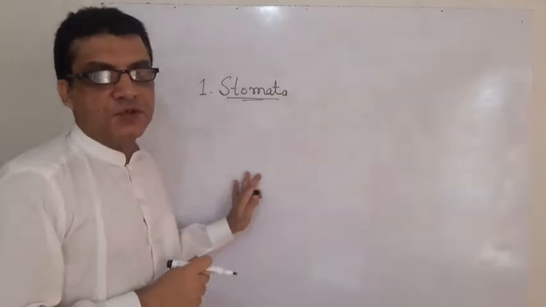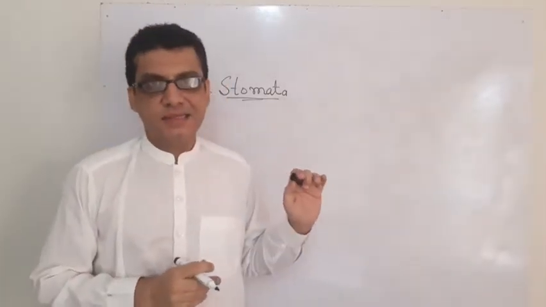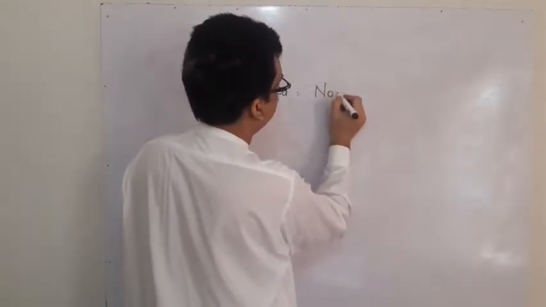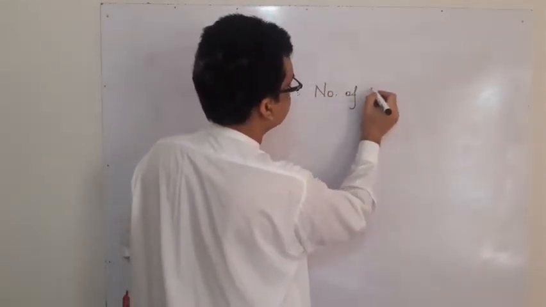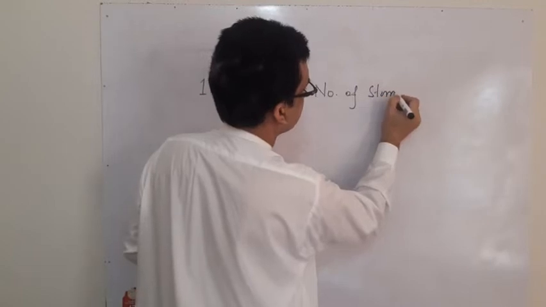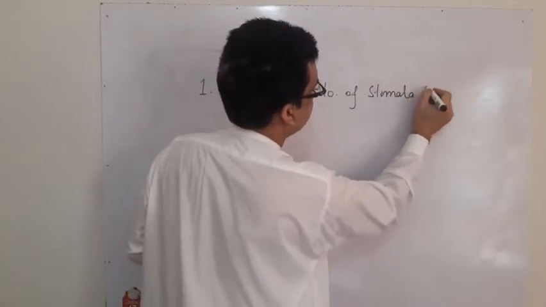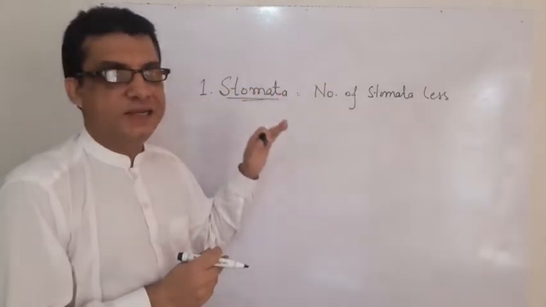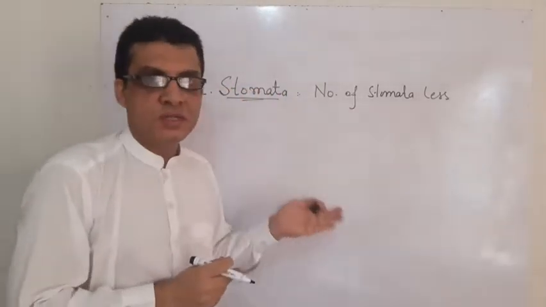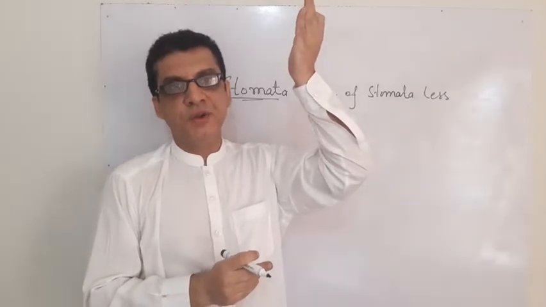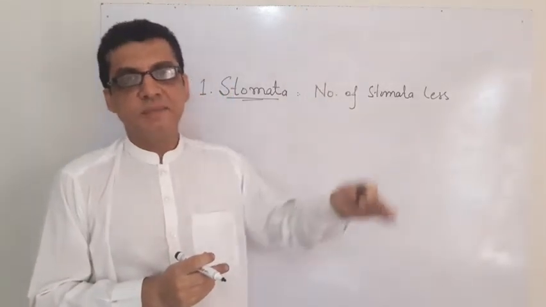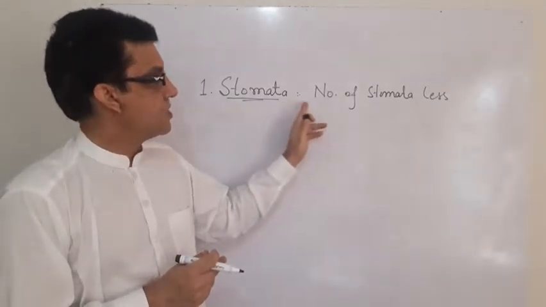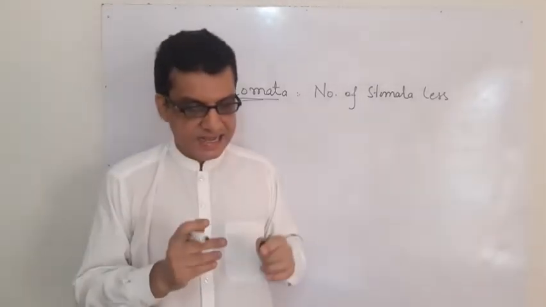The number of stomata is less. If the number of stomata decreases, the rate of transpiration will decrease, so a less amount of water will be lost from their body. So the first one is that the number of stomata is less.